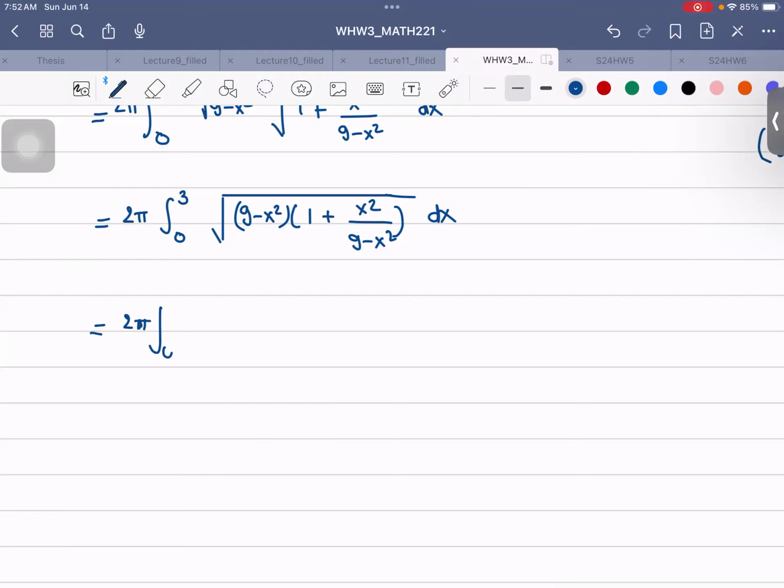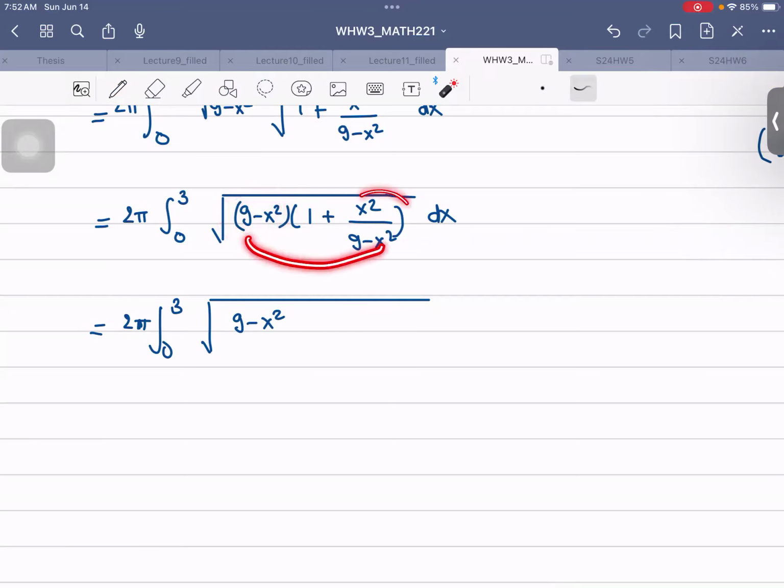Okay, and the point is 2 pi, from 0 to 3. 9 minus x squared times 1 gives me 9 minus x squared. Okay, and 9 minus x squared multiplied with this fraction, 9 minus x squared will cancel out 9 minus x squared, and we'll have just plus x squared.